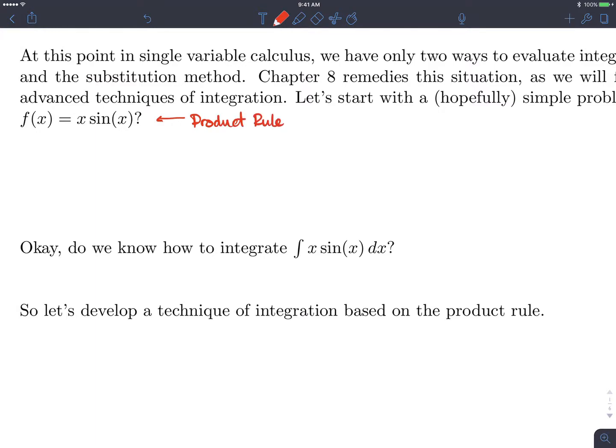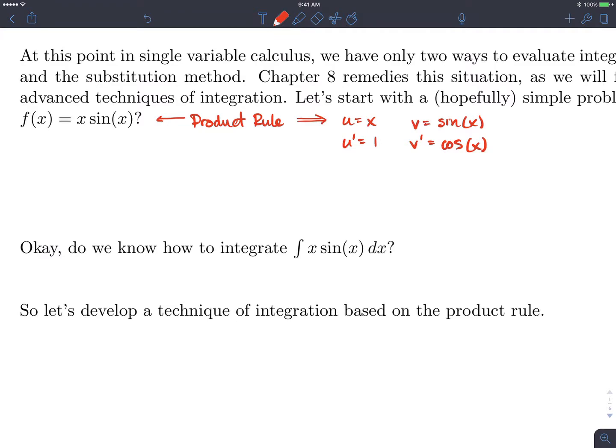And you may use a different notational device depending on how you learned it, but what I tend to do is I break this up into u and v. So I say u is going to be equal to x, and v is going to be equal to sine of x. We then take the derivative of each of them, so the derivative of x is just 1, and the derivative of sine of x is cosine of x.